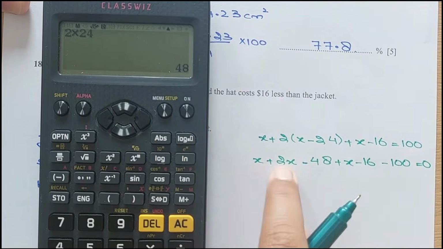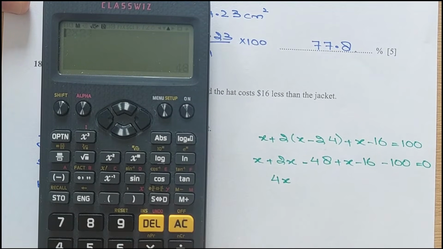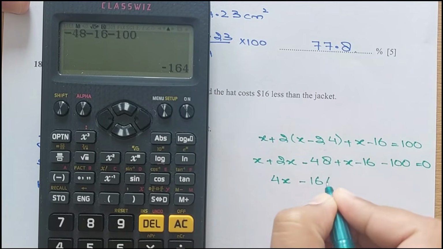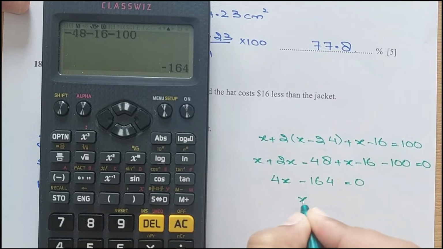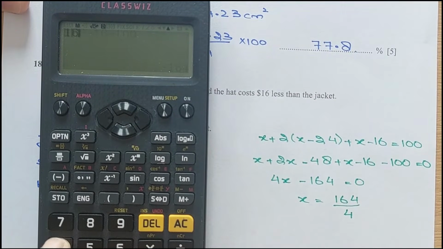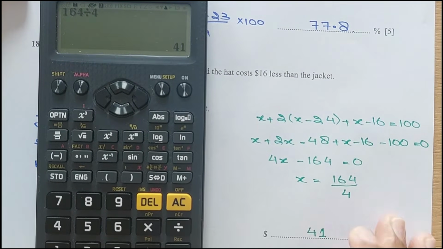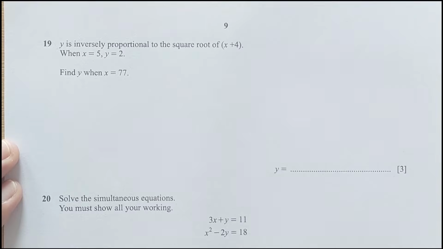We have 1x, 2x and 1x, so this is 4x. The constant terms are minus 48, minus 16 and minus 100, so this is minus 164 equals 0. So X equals 164 divided by 4, which is 41. So the cost of the jacket is $41.